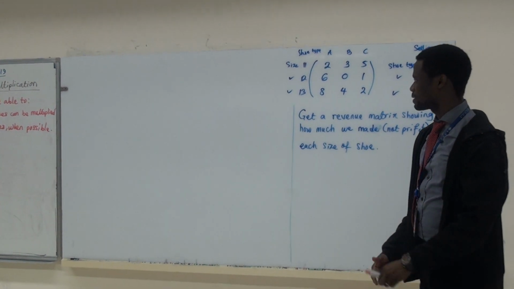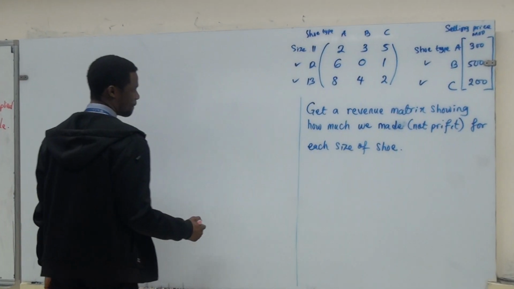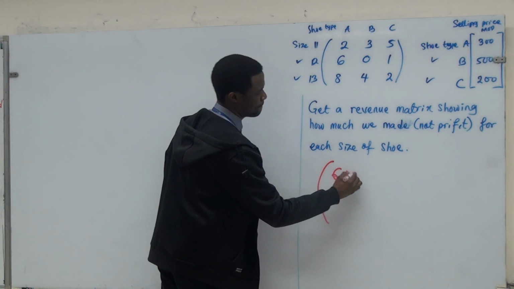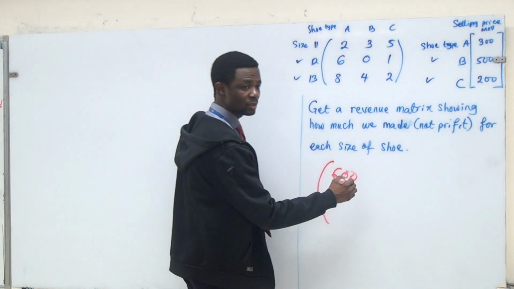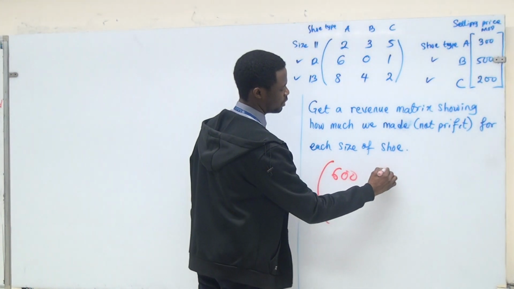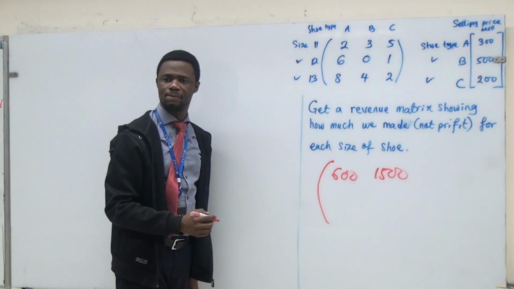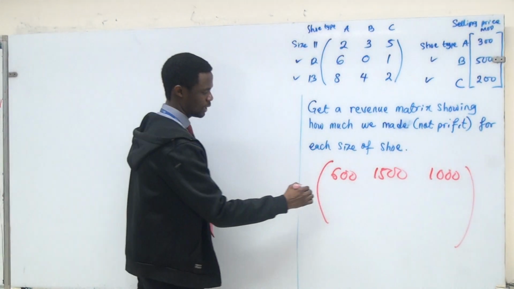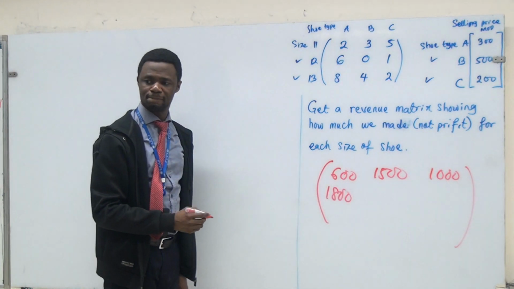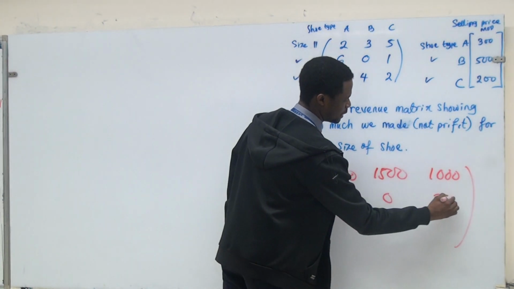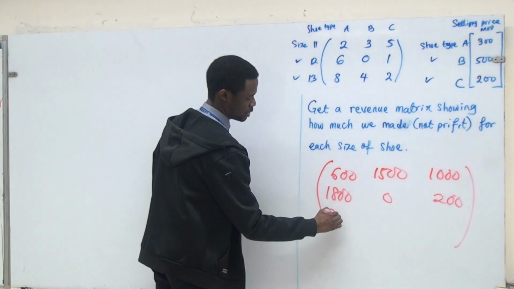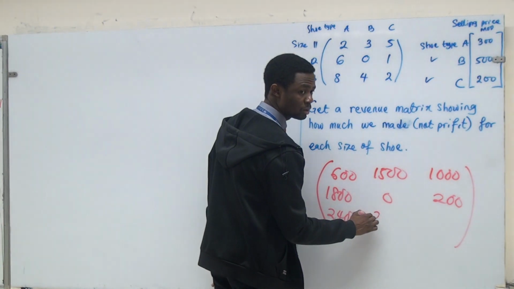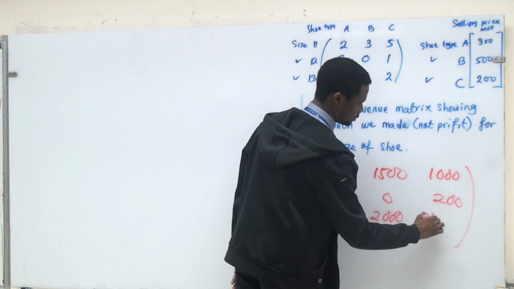Okay. Let me have your results. 600. 1,500. 1,000. 1,800. 0. 200. 2,400. 2,000. 400.